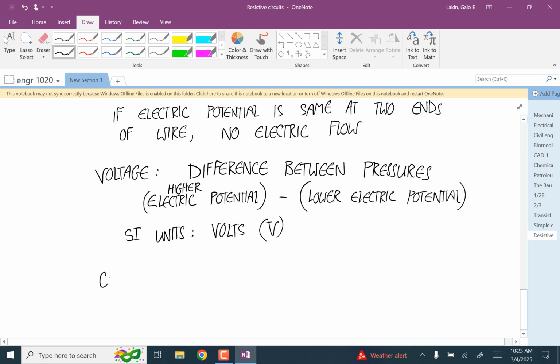The current is like the volume of water flow per unit of time, like the speed of the water flow.